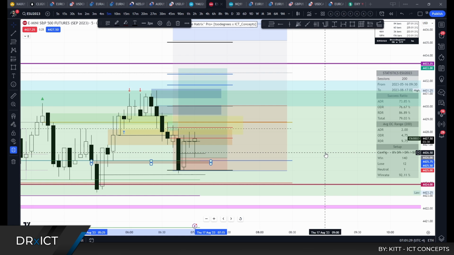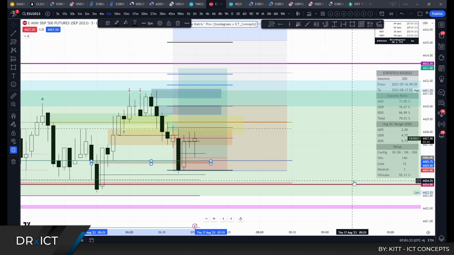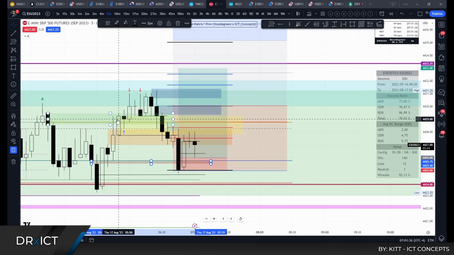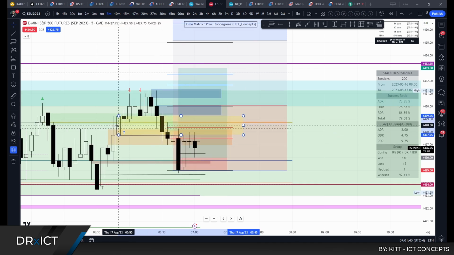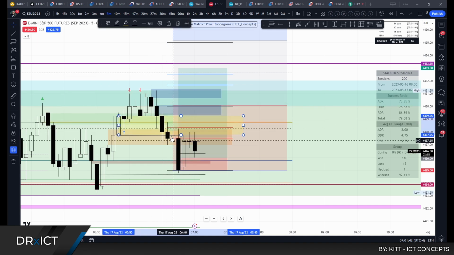And what we're doing is the yellow range that we have highlighted here, just like a stocking at Christmas, we're stuffing it. Stuffing it with some sell side in it. A little bit of buy side in it.